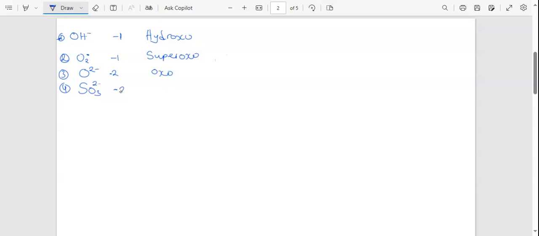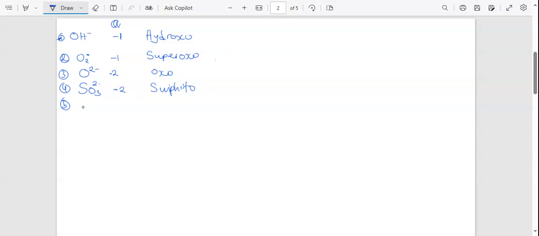Of course, it's something like sulfate, but how do we finish it up? This will be just sulfito.